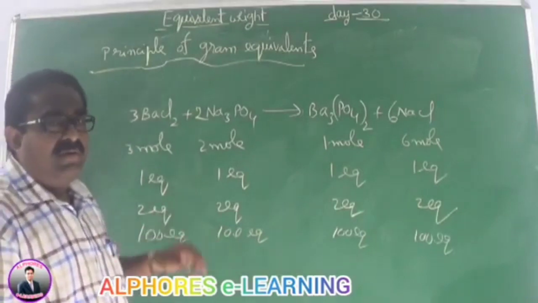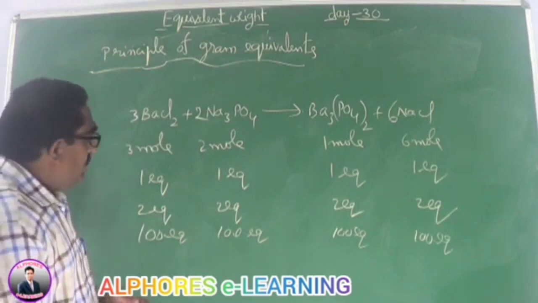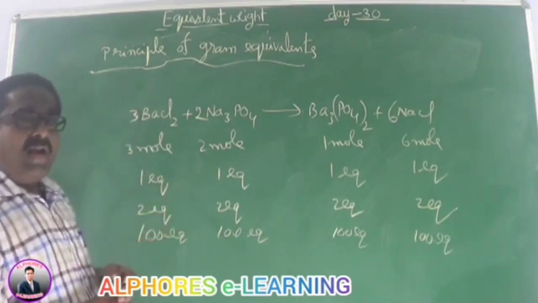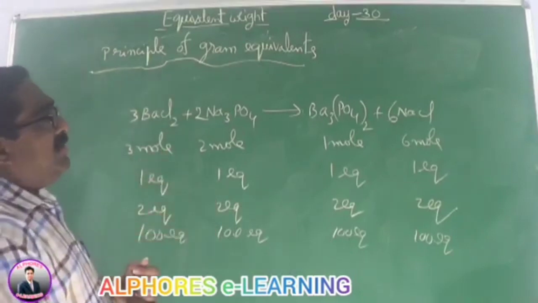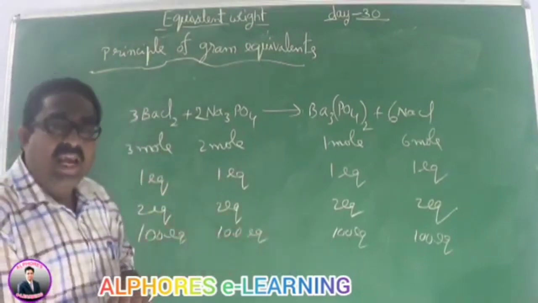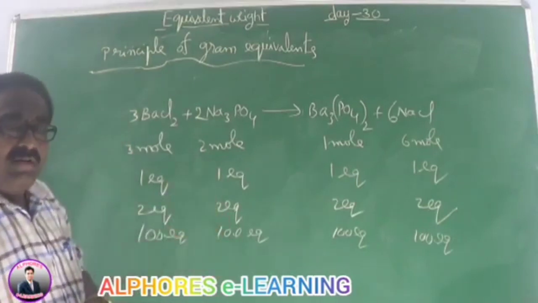I will repeat the statement, students. In any chemical reaction, the reactants will react in terms of their equivalents and form products also in terms of their equivalents. Now coming to the explanatory part once again.